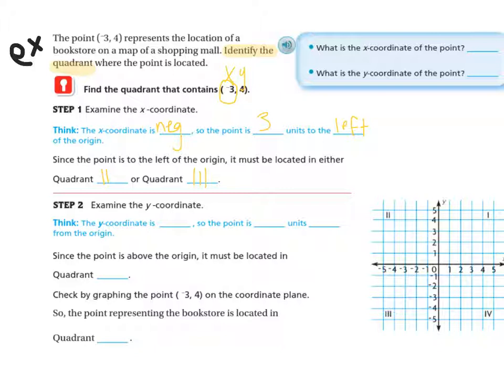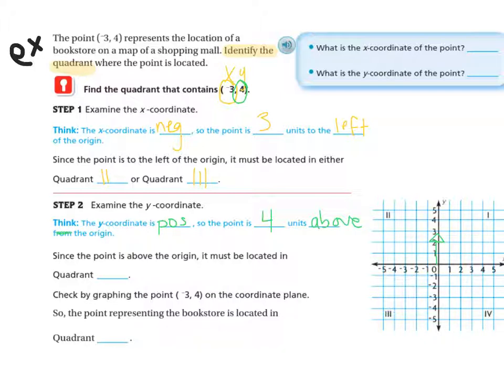Now we're going to look at the y coordinate. Let's go green. So our y coordinate is positive 4. It is positive. So the point is 4 units to the right. Oops, sorry. This is the y coordinate, so it's going up and down. It is 4 units. Positive would be above. That's kind of a weird sentence. 4 units above the origin.